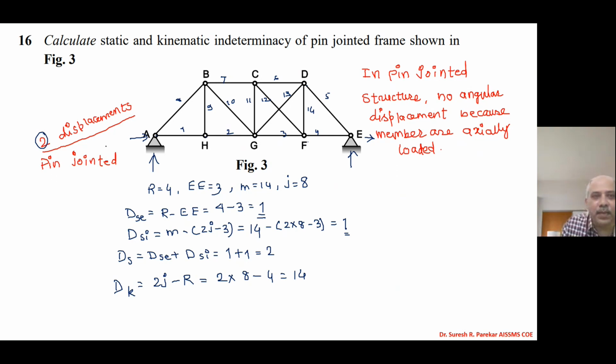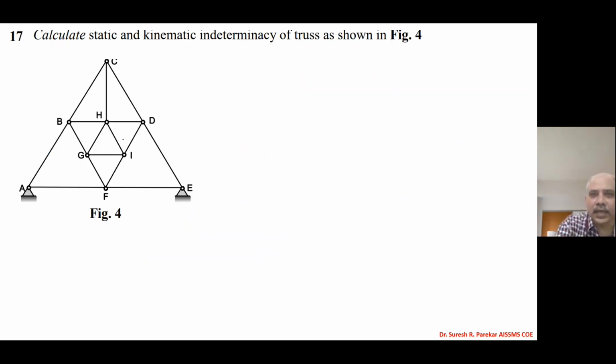So we have this problem number 17. Then we have next, calculate the static and kinematic indeterminacy. And for this structure, now again we have this as pin jointed structure.